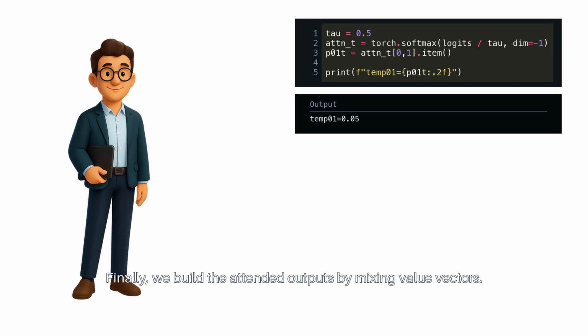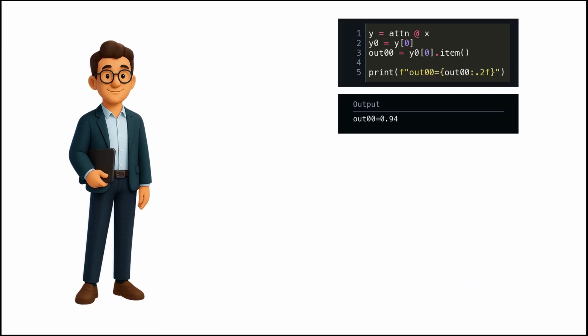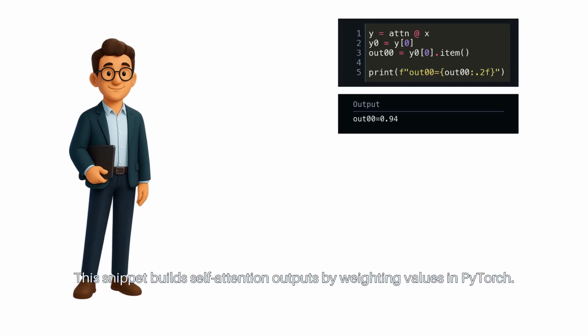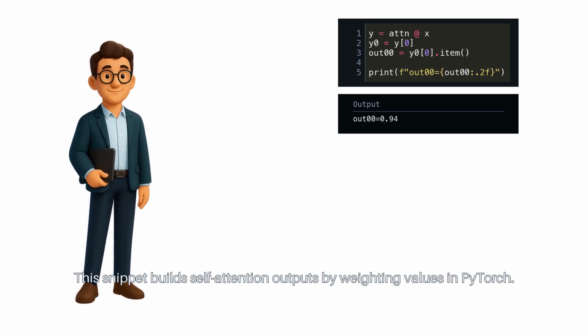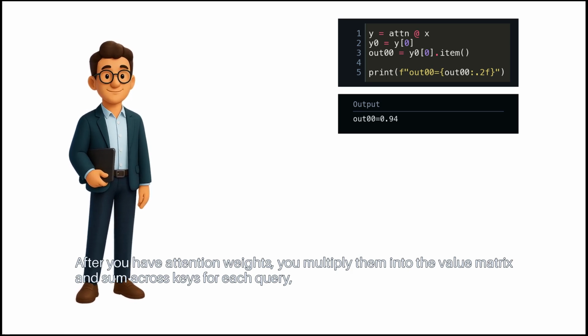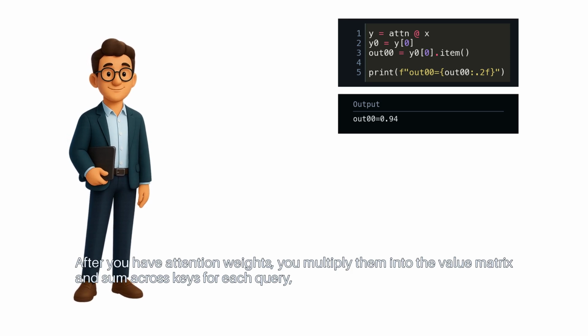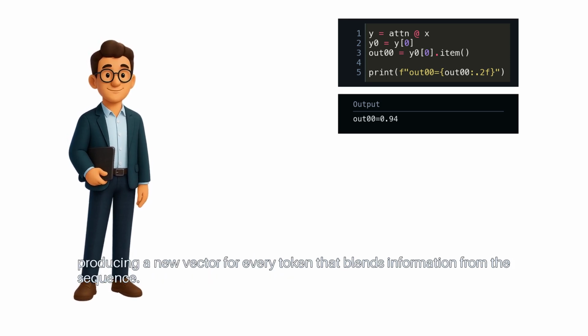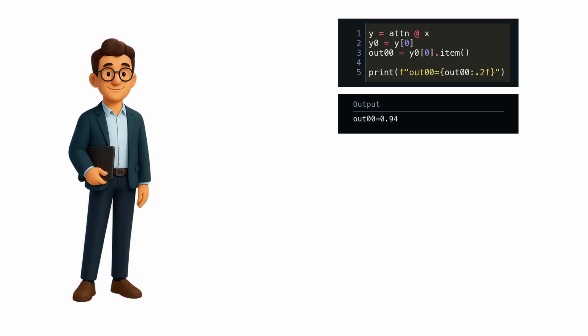Finally, we build the attended outputs by mixing value vectors. This snippet builds self-attention outputs by weighting values in PyTorch. After you have attention weights, you multiply them into the value matrix and sum across keys for each query, producing a new vector for every token that blends information from the sequence.